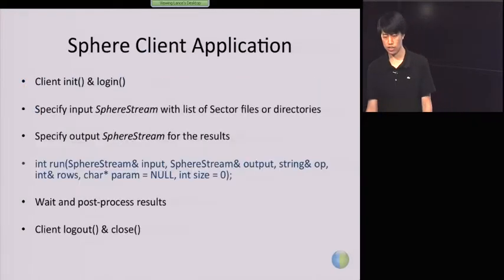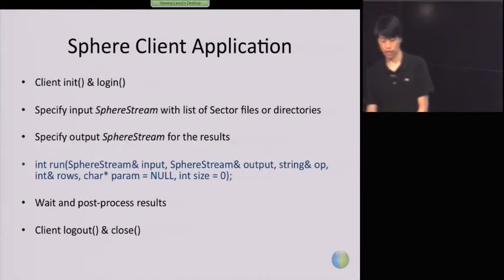After you finish the UDF, you just need to specify the input, the output, and your UDF. This is the name of the UDF, and this is how you specify the segment, the parameters, and the parameter size. That's it, very simple. Then you wait for Sphere to finish your data processing, maybe do some post processing, and then you log out and close. So that's it.